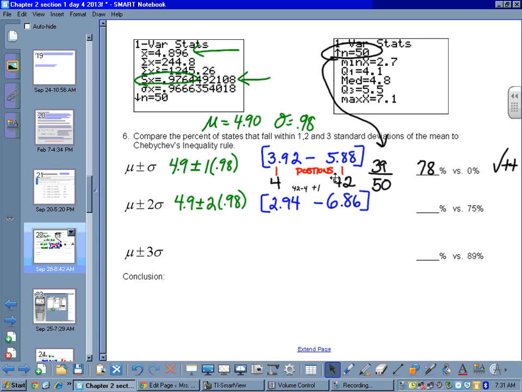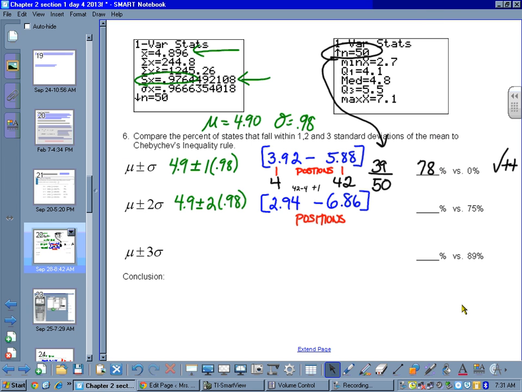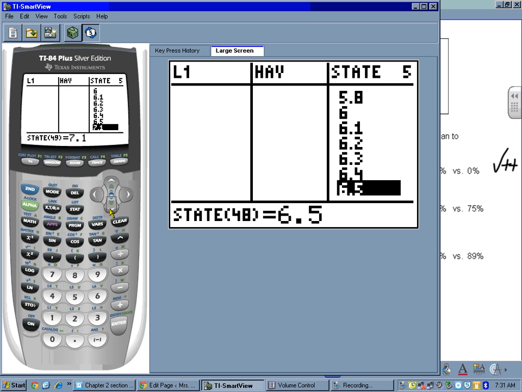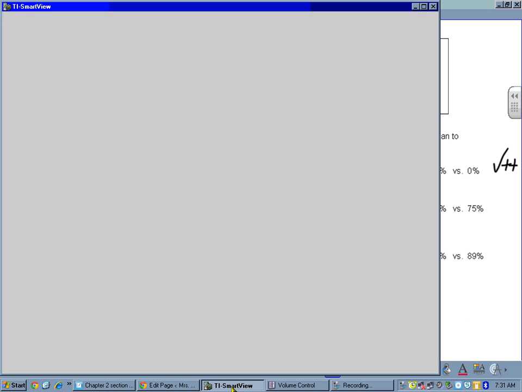Now I have to go back to my data and look for my positions again. I will go back to the calculator, and I have to be equal to or less than 6.86. So 6.86 would be right on that one. That's position 48. And then I have to be at or greater than 2.94.